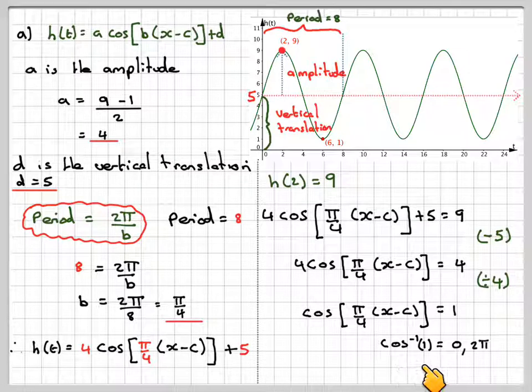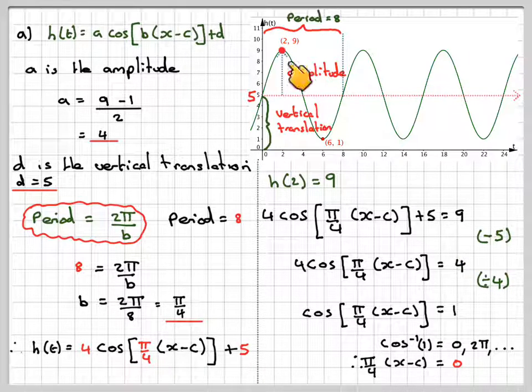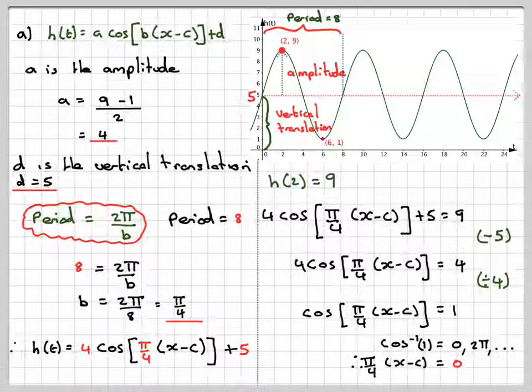Now cos to the minus 1 of 1 is 0, 2 pi, etc. So consider the case when it is equal to 0. We want this angle to be equal to 0 in order to give my answer of 9.